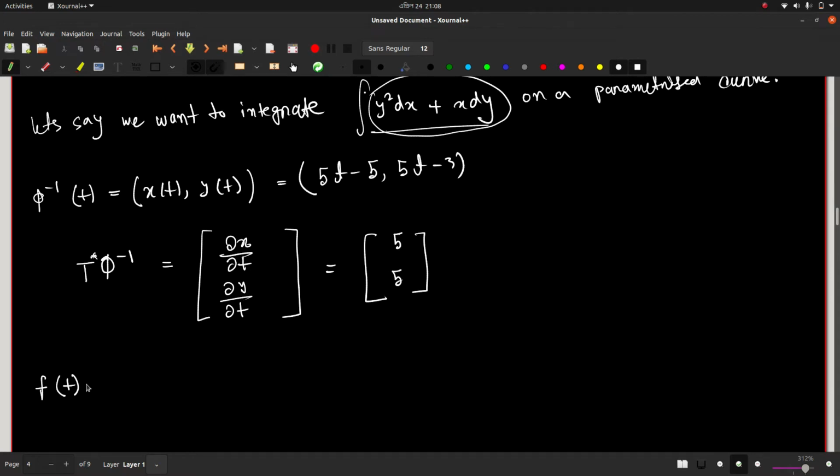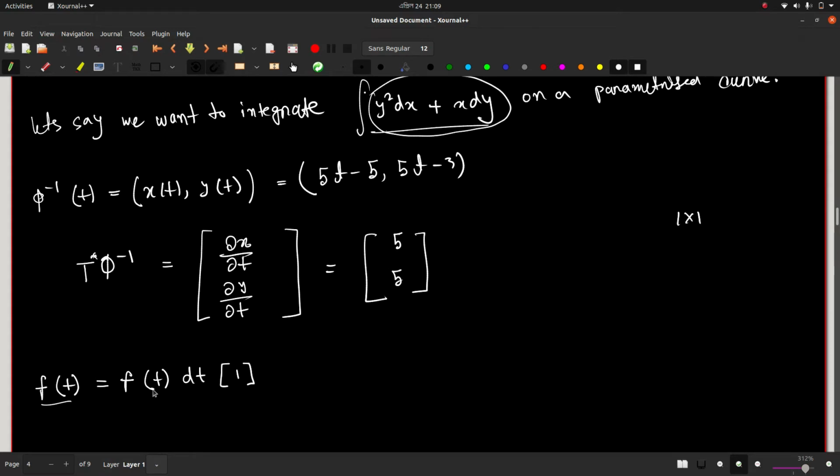So this f of t can be written as the following. Let's say f of t dt, which is a one form, and it will take a vector which is a 1 cross 1, one row and one column vector. This can be written as this. That means f of t can be written as this guy.